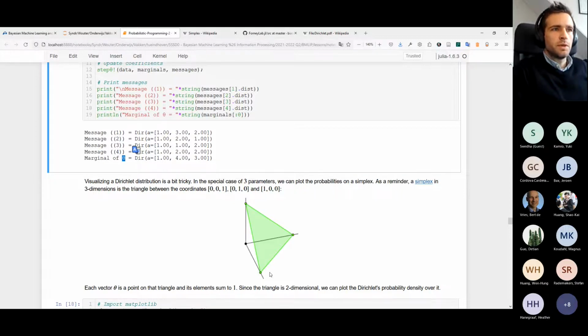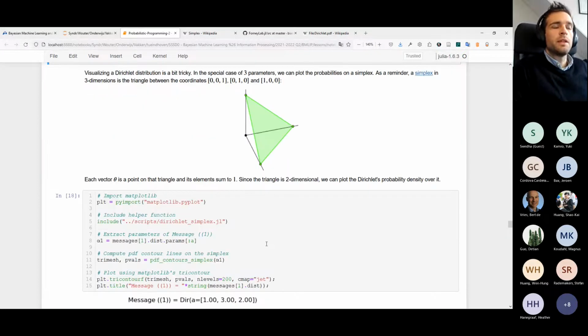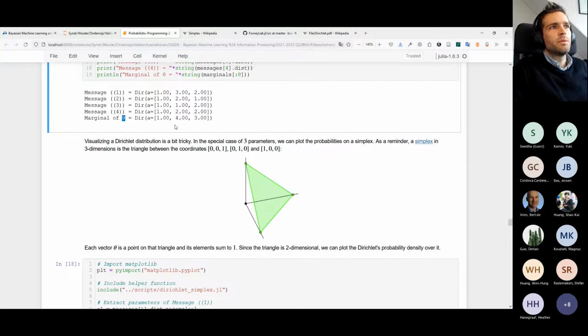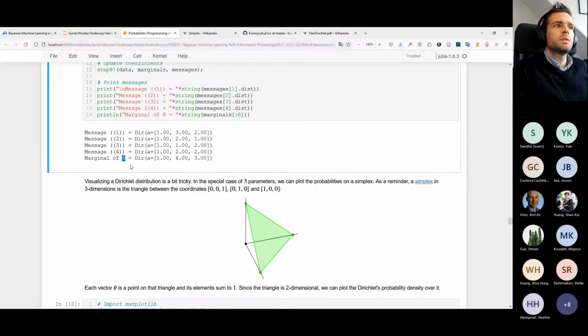And that gives you this weird geometric interpretation of what values theta might take, which is this triangle in 3D space. And in the end, we're working with a probability distribution, so it's not just about visualizing what values theta might take, which is just this triangle, but also with which probability theta takes certain values.